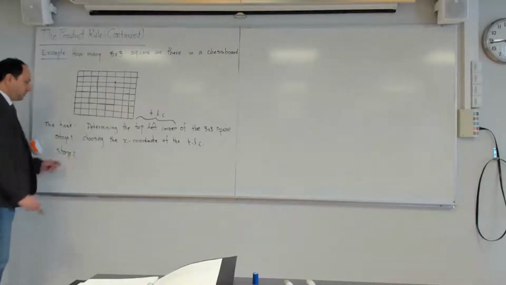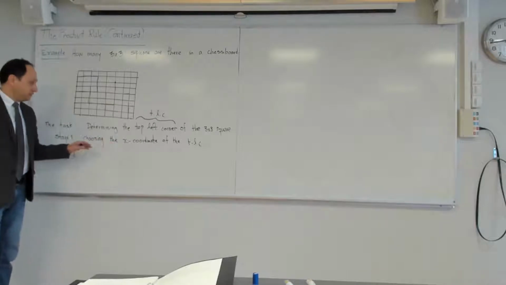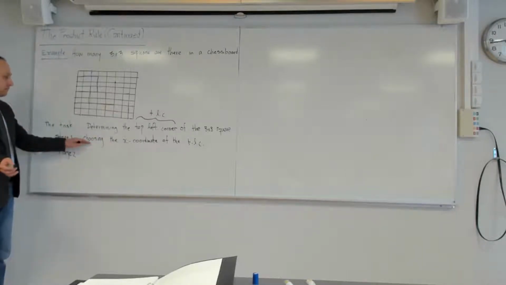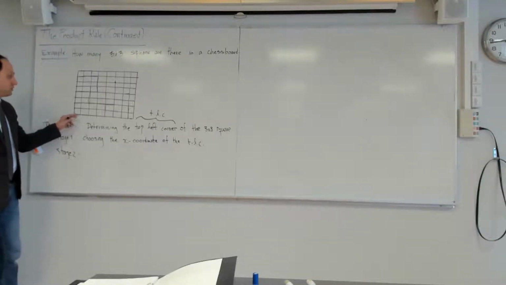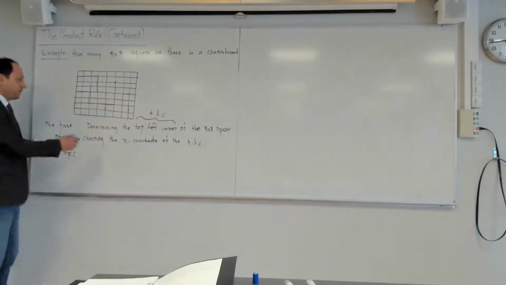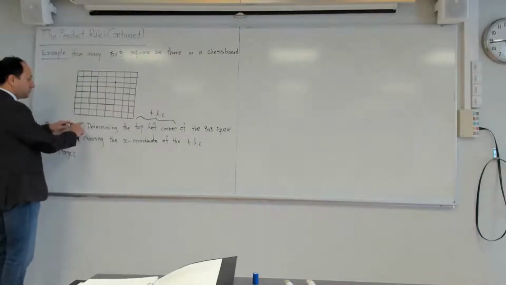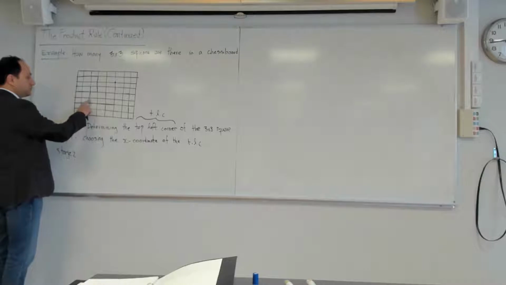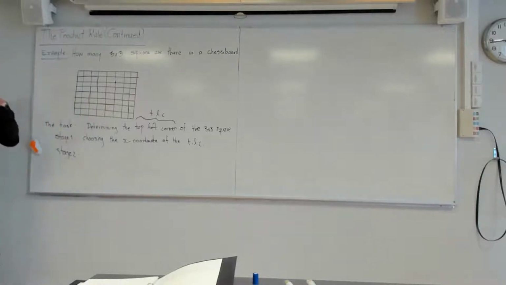So do you agree that this is not still done? Because if task 1 is done and I am left with nothing, my task is not accomplished yet, because I have just determined the x-coordinate. If I say that the x-coordinate is 2, it is not clear whether I am choosing this point, this point, this point, or that point. So it is not accomplished yet.